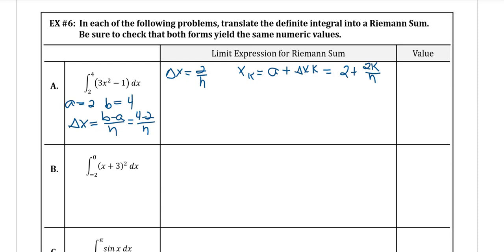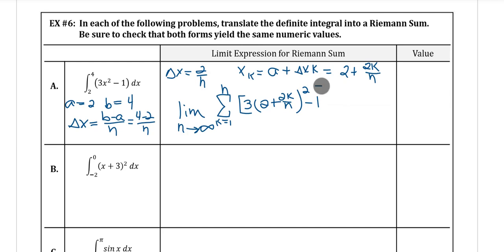So now I can write my Riemann sum. My Riemann sum is going to be the limit as n approaches infinity of the summation of k equals 1 to n of, now substituting into the function, 3 times x sub k, and in this case I'm going to write 2 plus 2k over n, squared, minus 1, and then that has to be multiplied times the width of each rectangle, which is 2 over n.